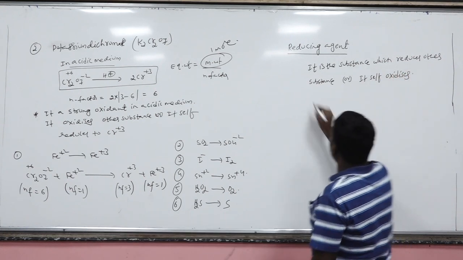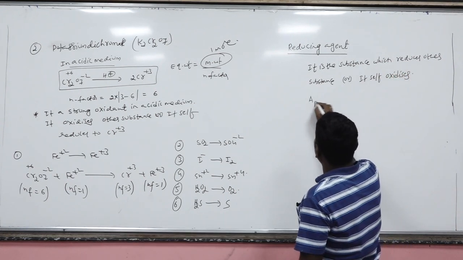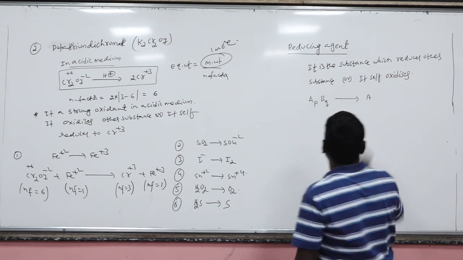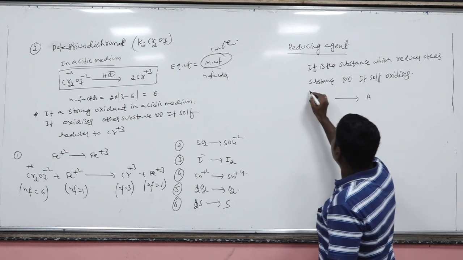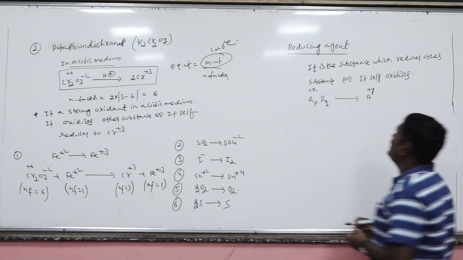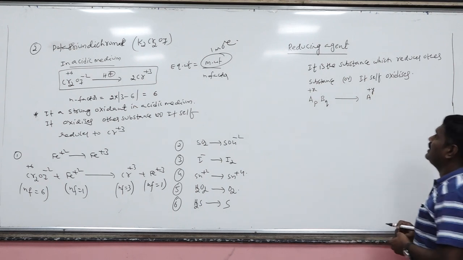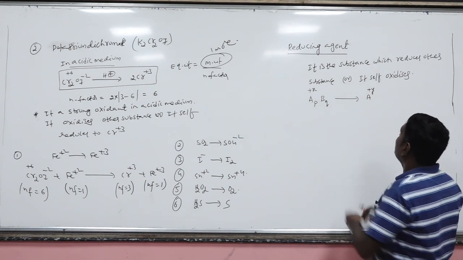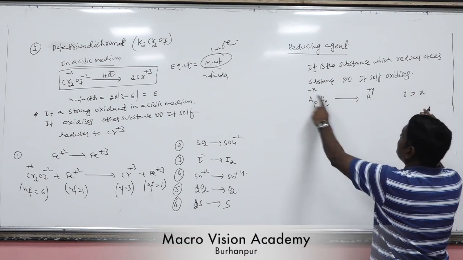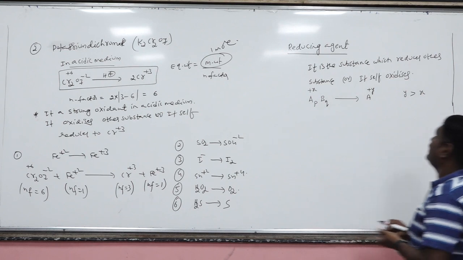Let's suppose A, P, B, Q. One compound is there, it changes to some A. Let's suppose oxidation state here is X, oxidation state here is Y. What is the reducing agent? It easily undergoes oxidation. Oxidation means loss of electrons, so definitely the oxidation state of the product will be greater than the oxidation state of A in the reactant side. Yes or no?